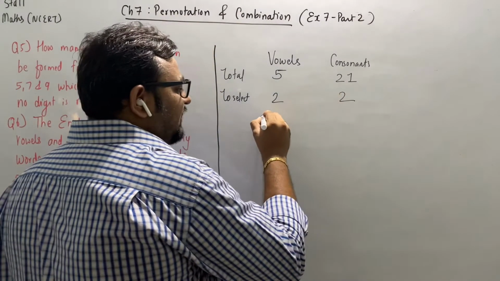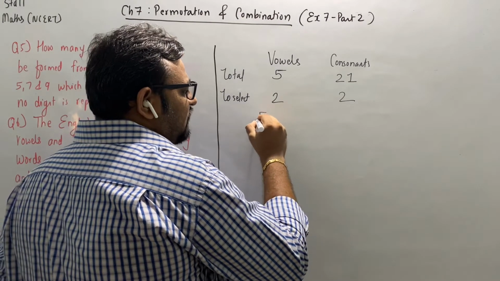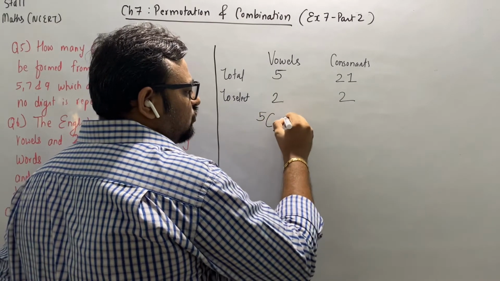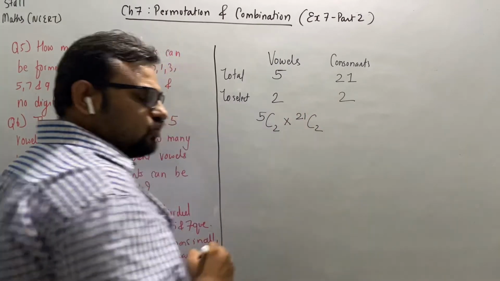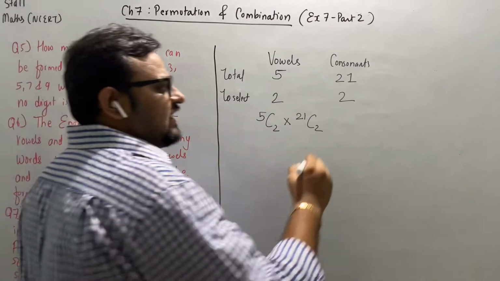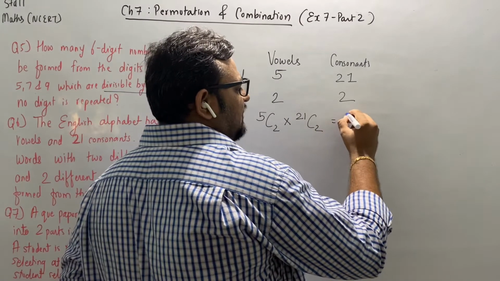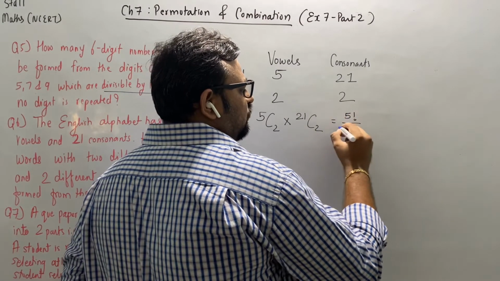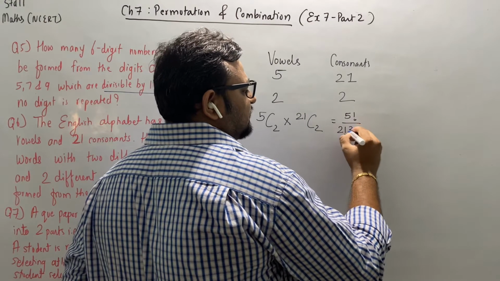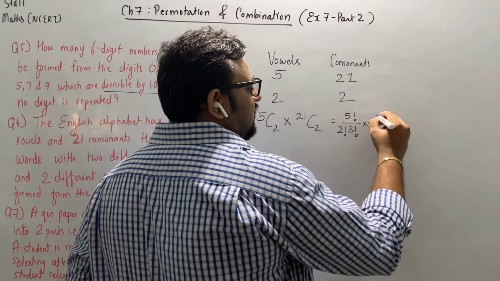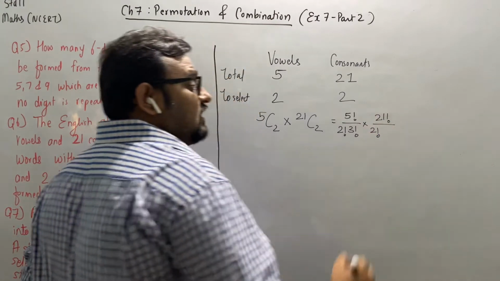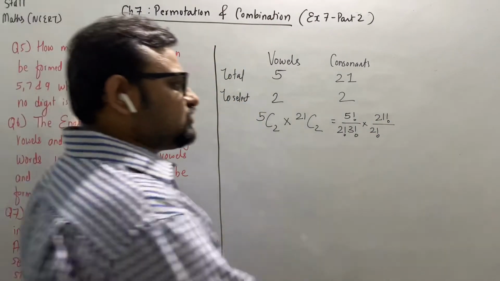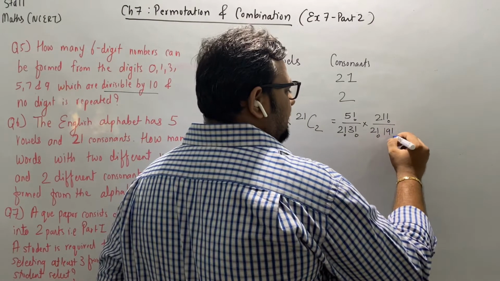So, in how many ways can we do it? 5C2 multiplied by 21C2. Okay, so 5C2 will be equal to 5 factorial over 2 factorial times 5 minus 2, 3 factorial, and 21 factorial over 2 factorial times 21 minus 2, 19 factorial.